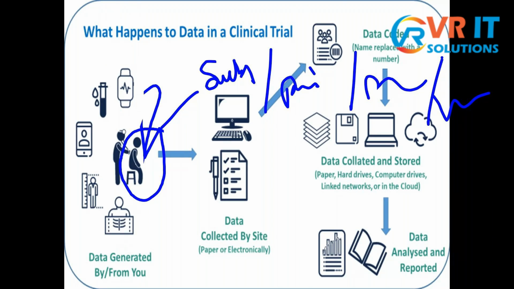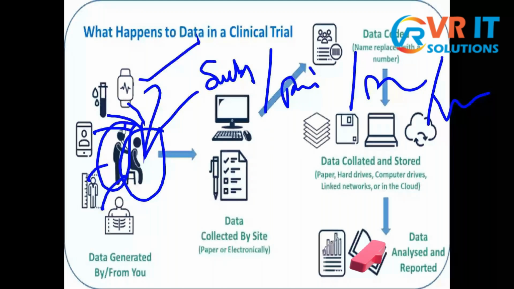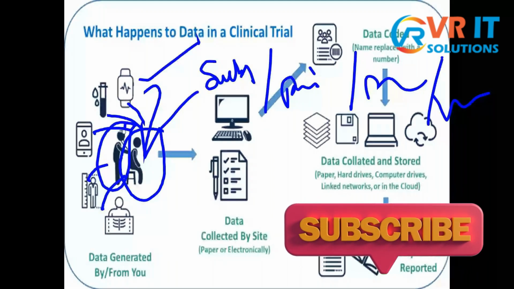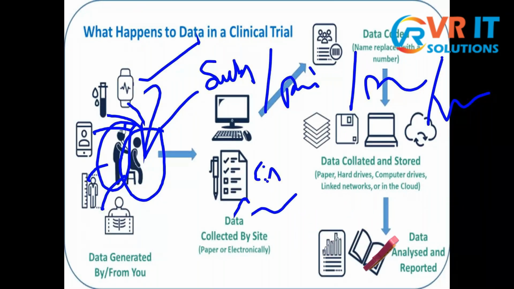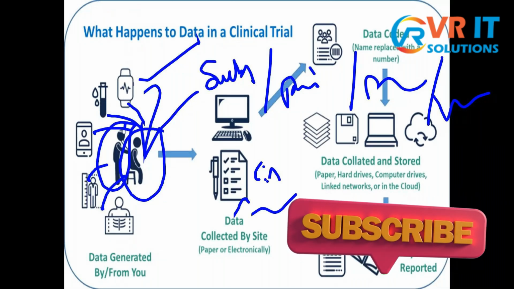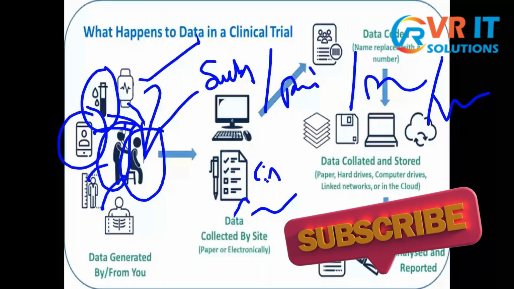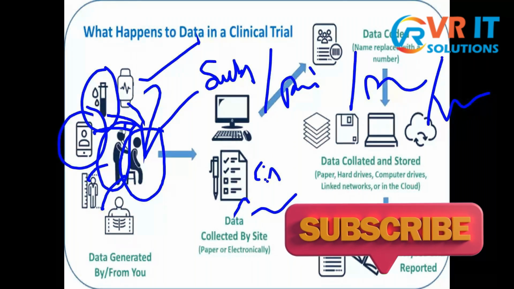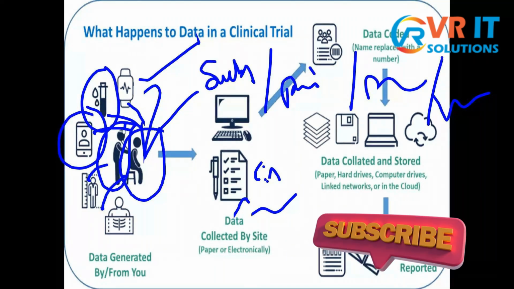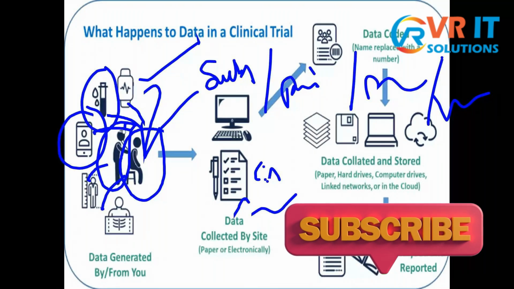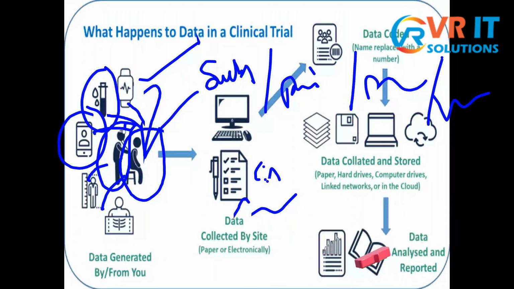There is a doctor or investigator, and a lot of information from that patient is being collected. Basic information like age, sex, ethnicity, race, country. There are a lot of lab tests conducted, and they collect the data. Height, weight, BMI, basic information about that person, and some scanning reports. A lot of tests will be conducted on each patient or volunteer.